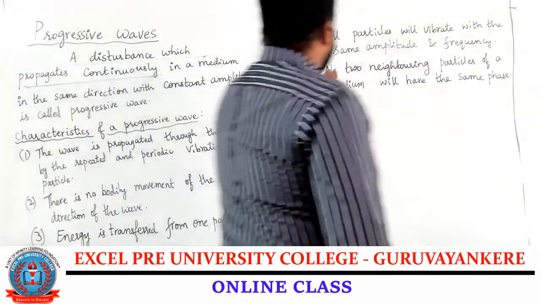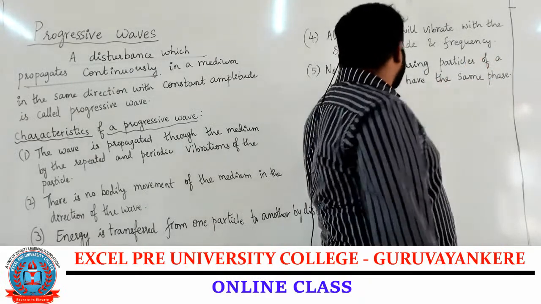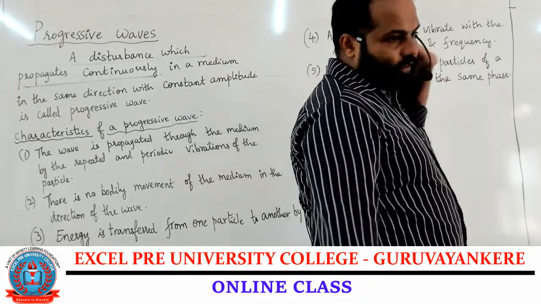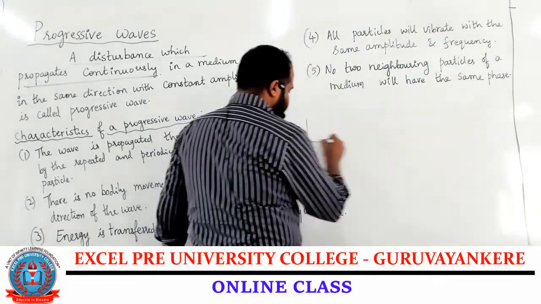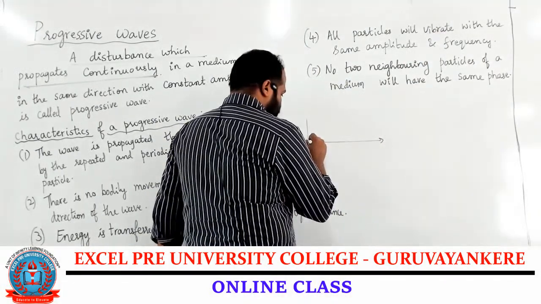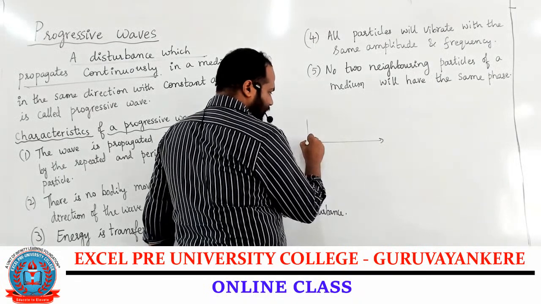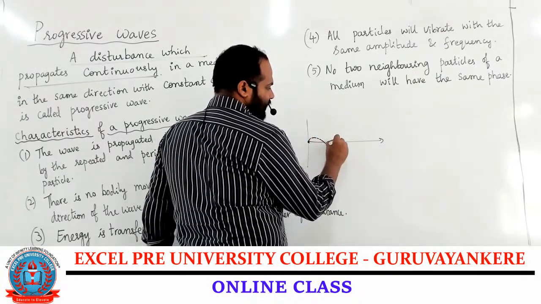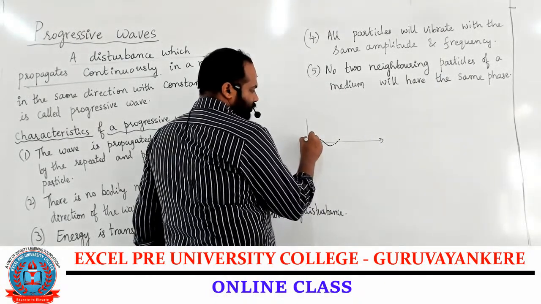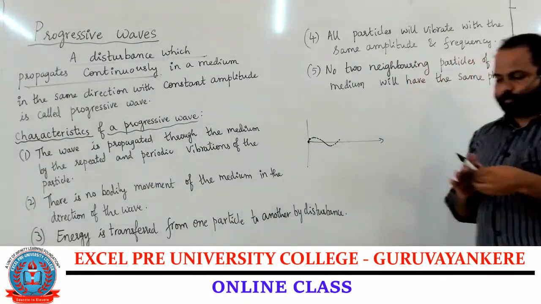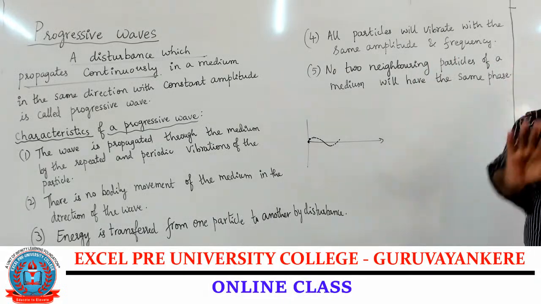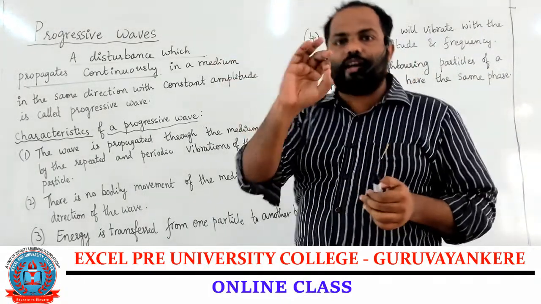Okay, so no two neighboring particles of a medium will have the same phase. This is important. Look here, this has zero vibration, this should go up and low to create a transverse wave. This will have more vibration. So no two neighboring particles, because the wave is continuously moving. These progressive waves are never at rest.